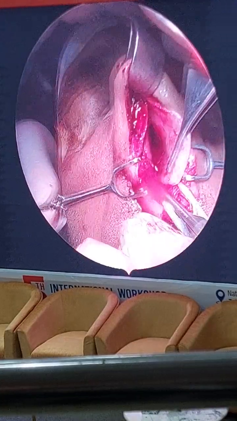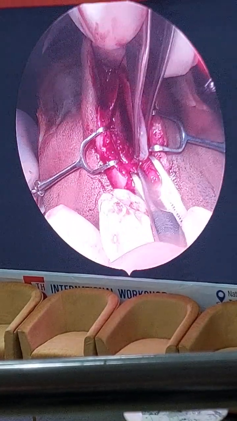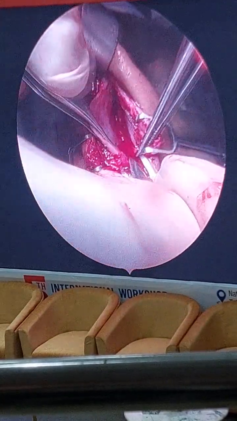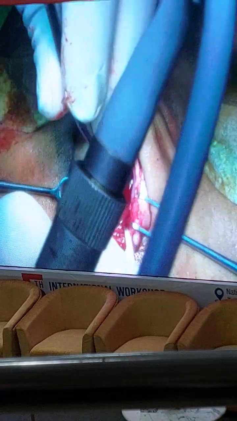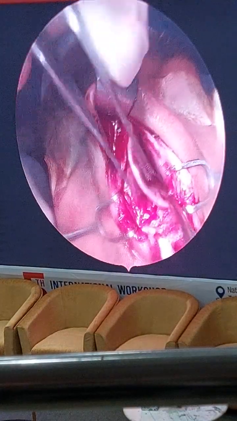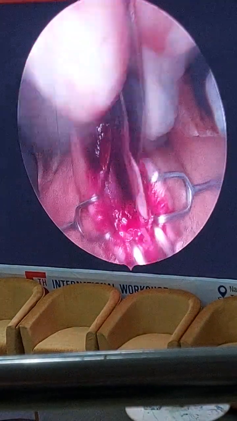Yes. So because of the section, we want to identify basically what pathology is present in this patient.